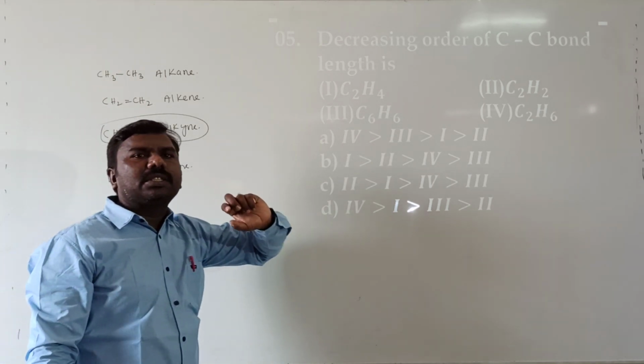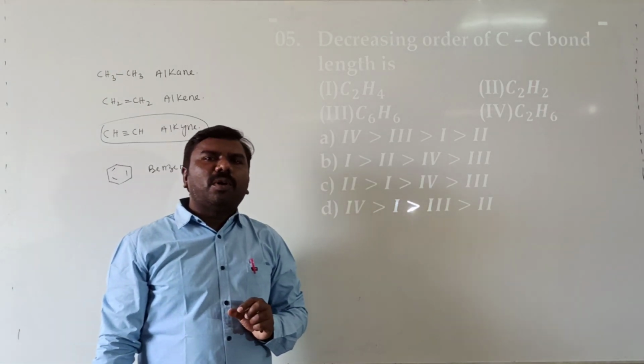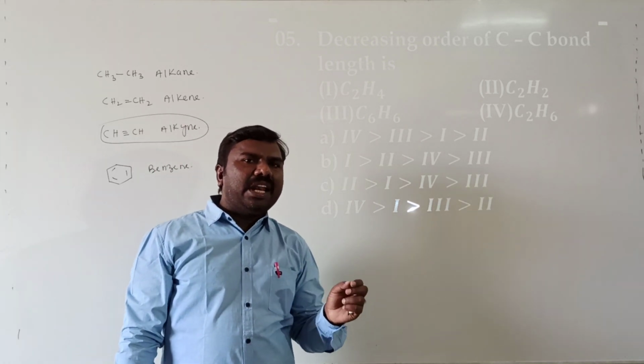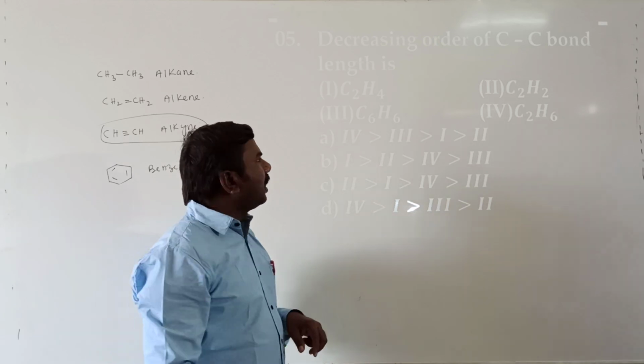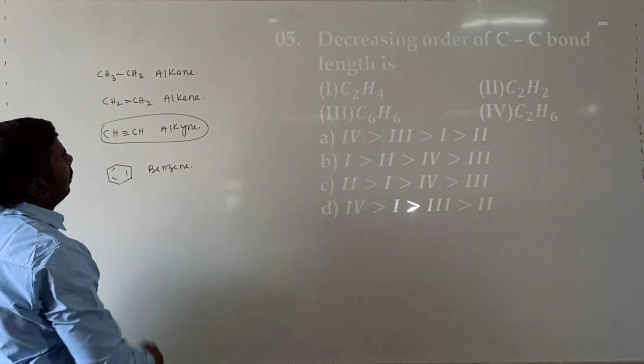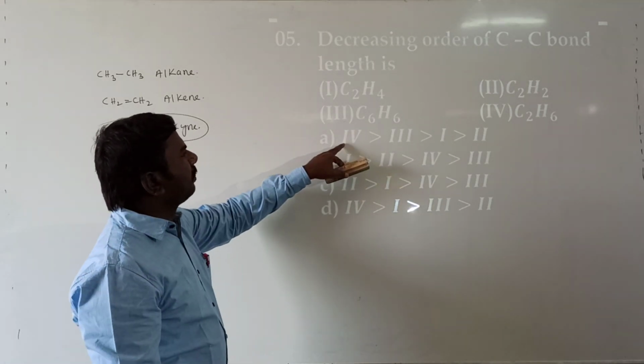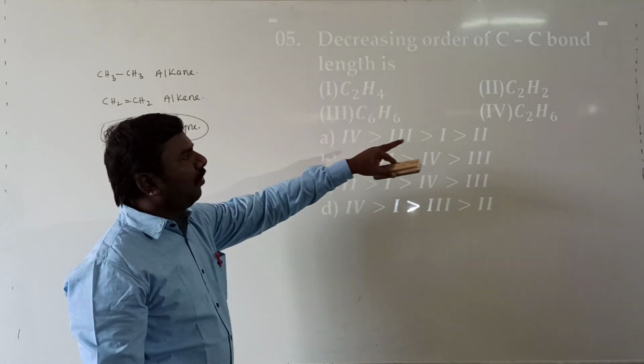Because of resonance, the C-C bond length in benzene is intermediate between the alkane and alkene. So the next one is benzene, which is third, and the first one is 4.